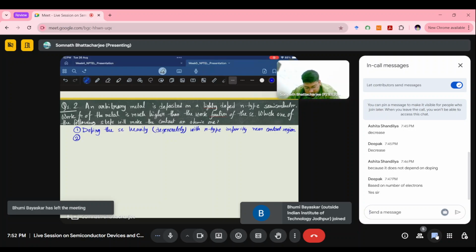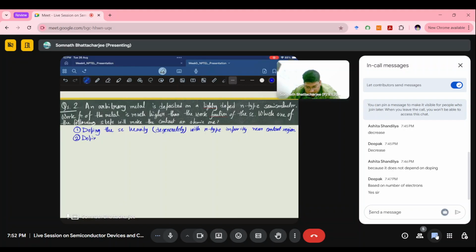Second case is doping the semiconductor heavily, also degenerately, with p-type impurity far away.